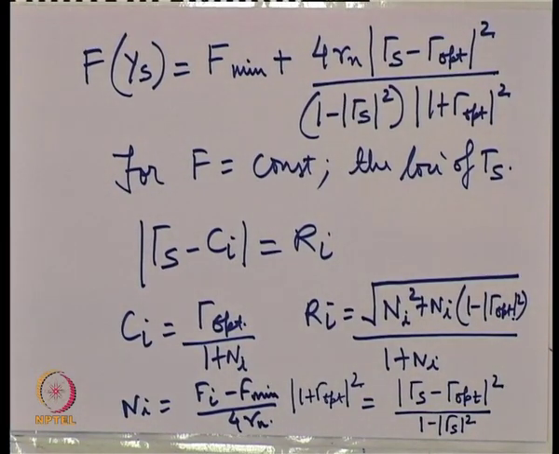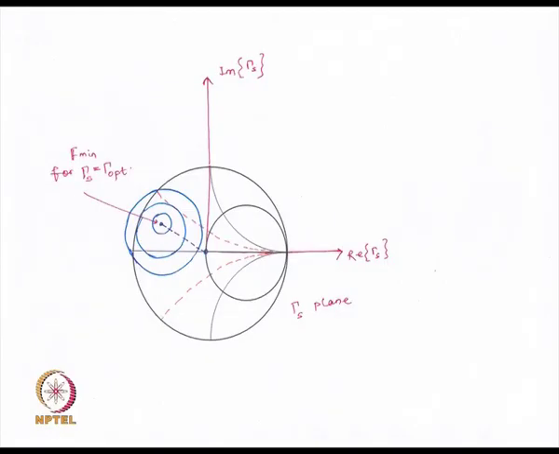Now, if we plot these curves, these noise figure circles, this is the gamma s plane, and we know that the gamma S plane is related to the available power gain, because when we design a circuit using the available power gain circles, we are in the gamma S plane.